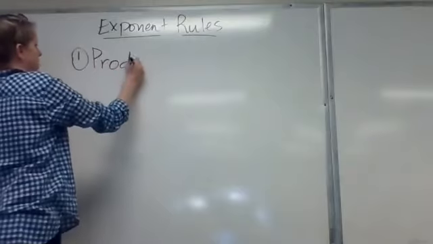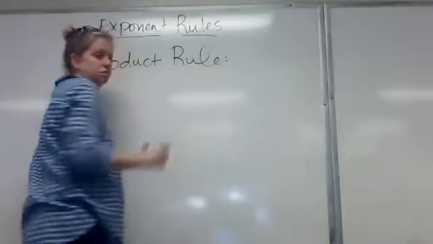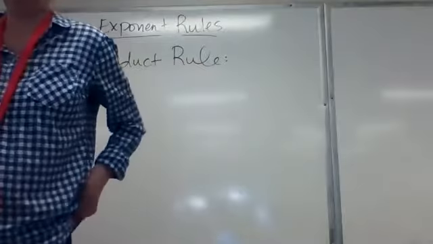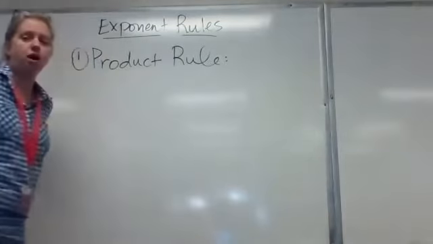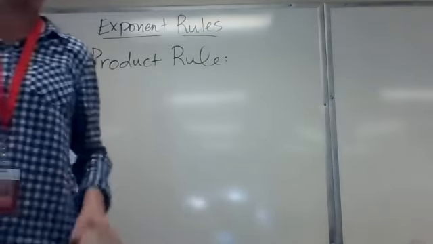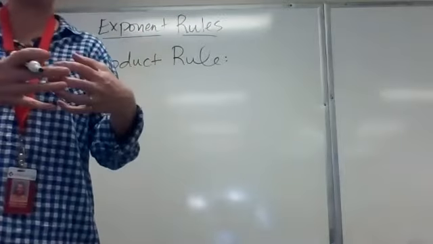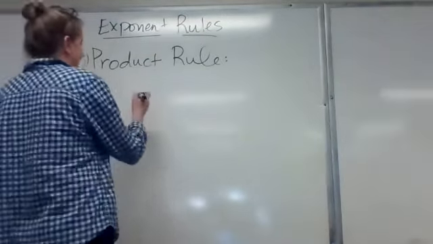The first rule we're going to talk about is the product rule. So what the product rule says is anytime you have the same bases that you're multiplying together and those bases have exponents, you can shortcut that by adding the exponents.